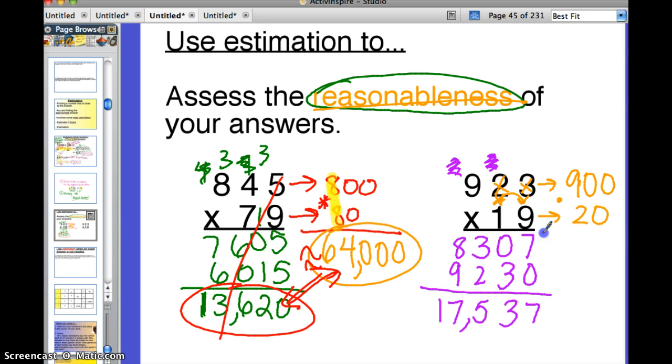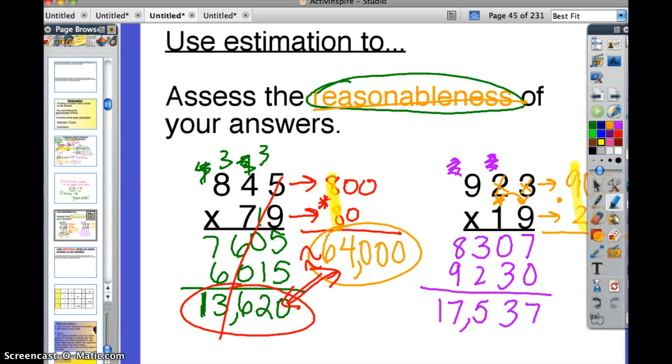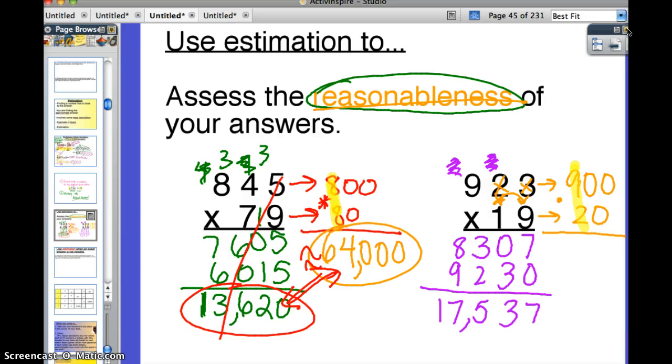Okay. Well, let's go ahead and multiply these two numbers, 900 groups of 20. So we'll do 9 groups of 2, which is 18. And then it looks like we're multiplying 18 by 10 to the third power. 1, 2, 3.